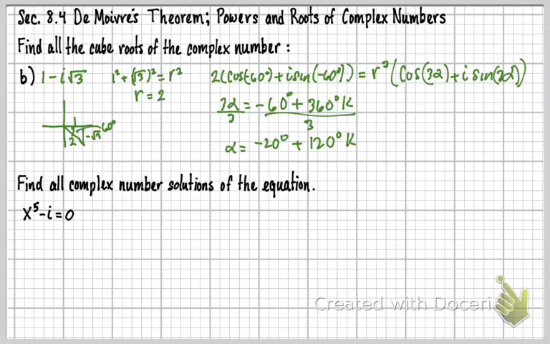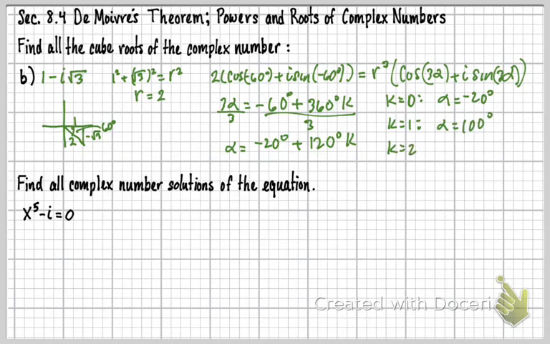So then for k equals 0, we're going to get alpha equaling negative 20 degrees. K equals 1, we're going to get alpha equaling 100 degrees.